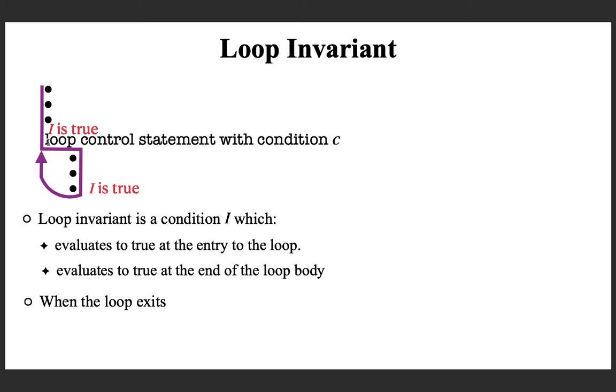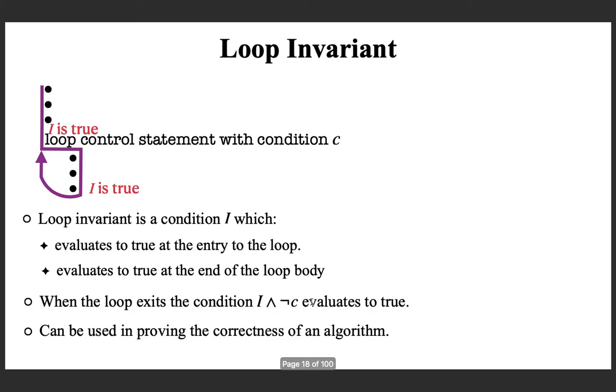So when the loop exits, why does the loop exit? The condition must evaluate to false, then only the loop exits. So you know that every time the control comes to the loop control statement, I is true, and when it comes out, I must be true and the negation of the condition C must be true. So I and not C must be true when the loop exits.